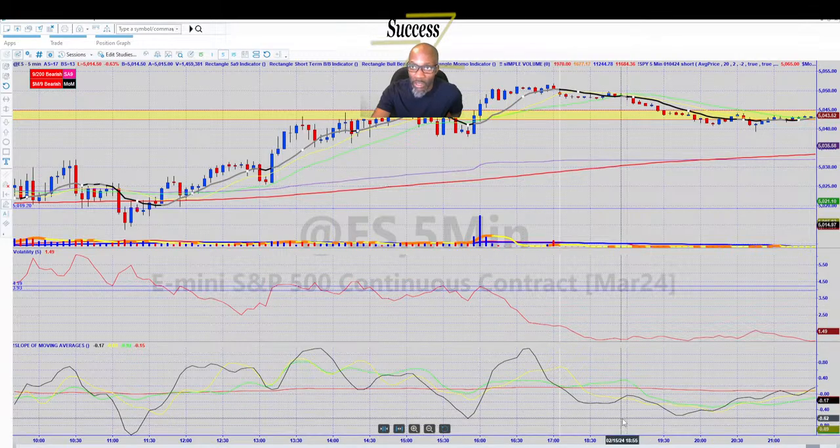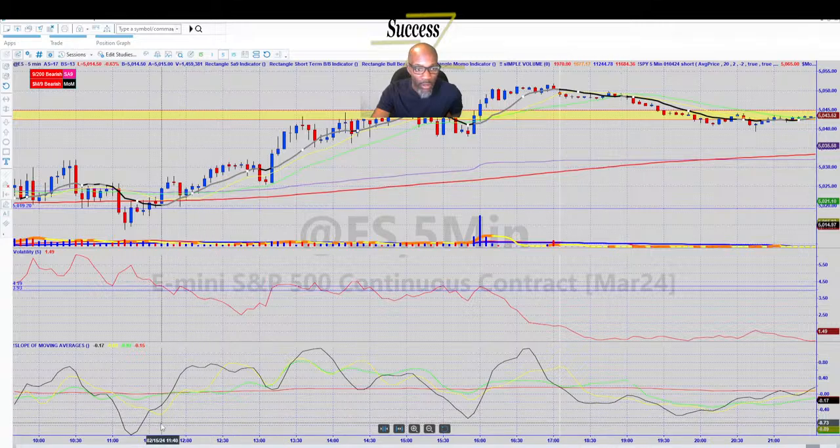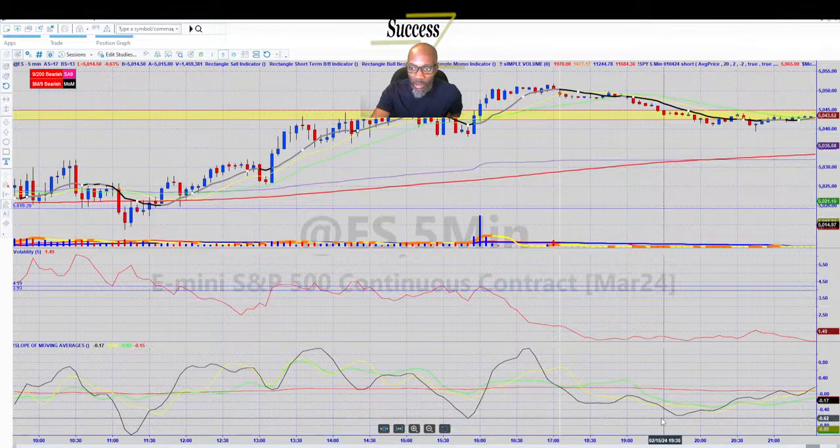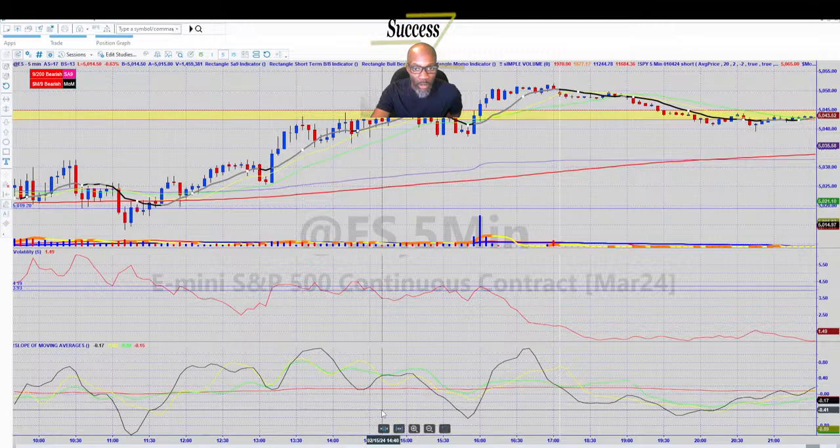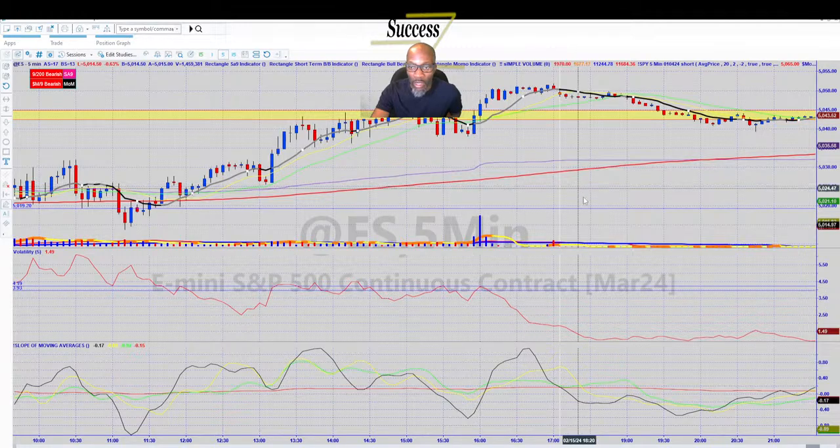Here the black crossed the yellow. The green is above. Black cross the yellow, green is above, but it's below the 200. Black cross the yellow, green is below. Black cross the yellow, green is above. It's above the 200.